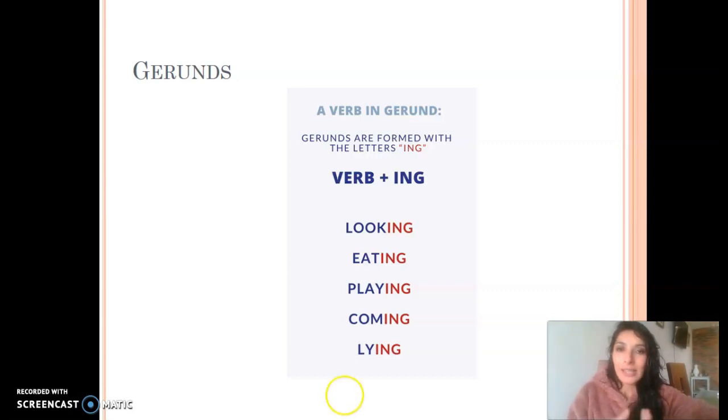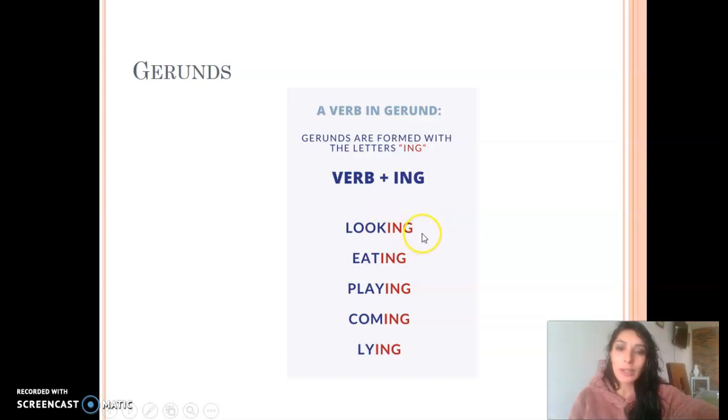In this case, we have here some examples that you can check. The first example is look. Look is simple, and this is the base form of the verb. And then we have the ing form.